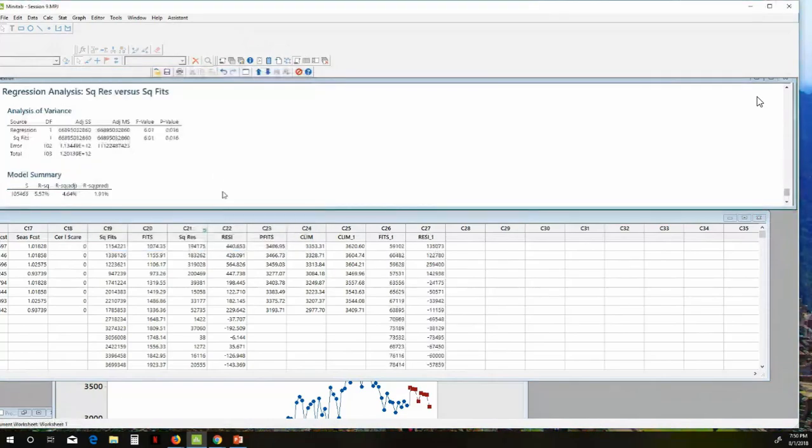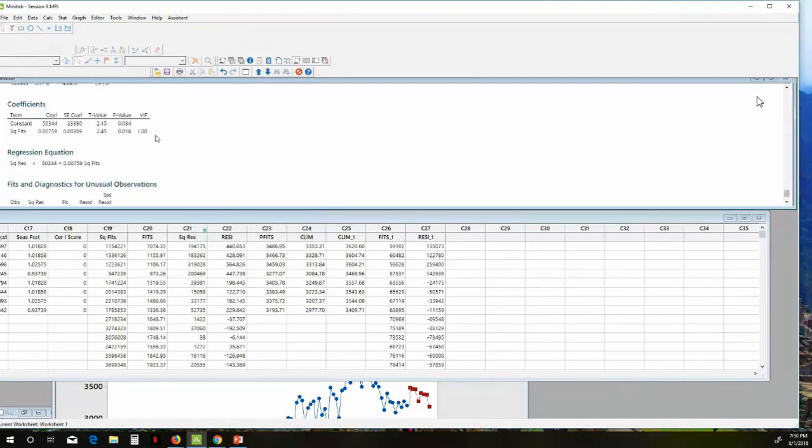The only thing I want you to look at in that very simple model is the F statistic or the T statistic relative to squared fits. You see it? What's that coefficient value? That's 2.45, right? Is that greater than 1.960?